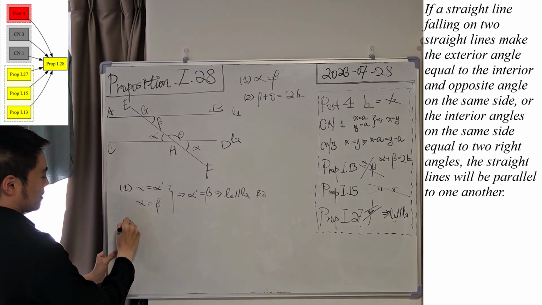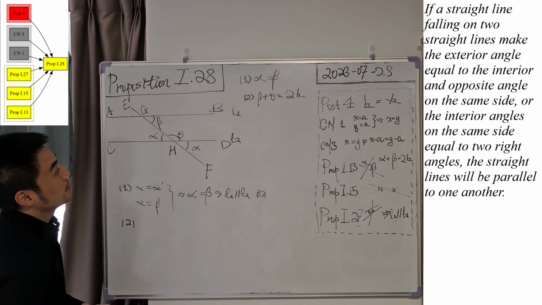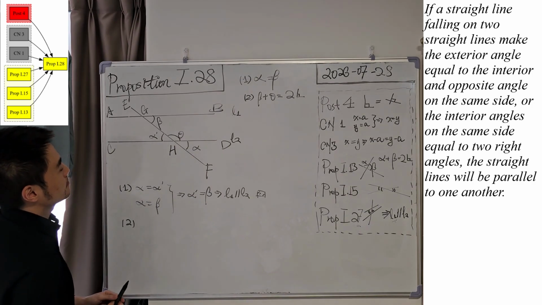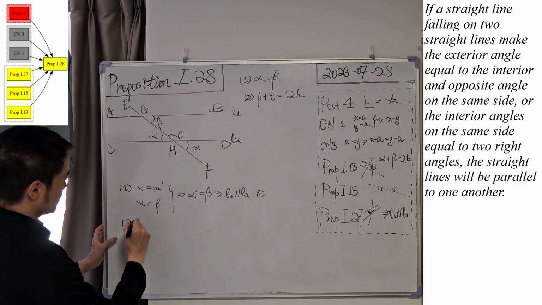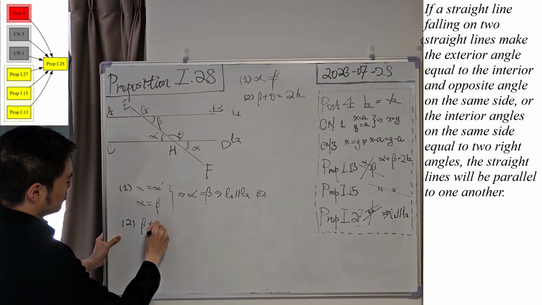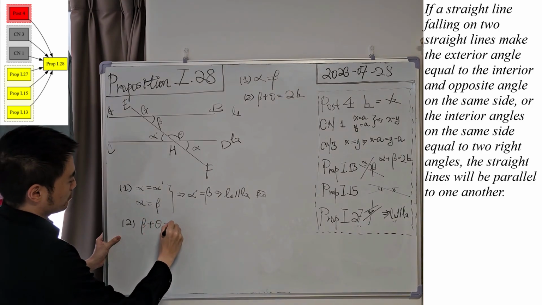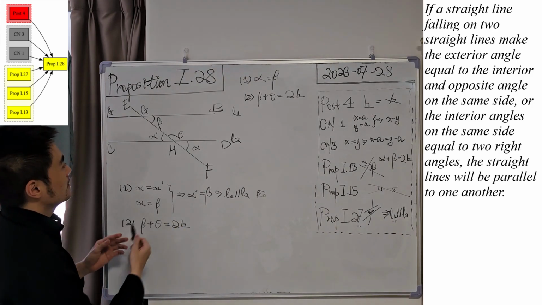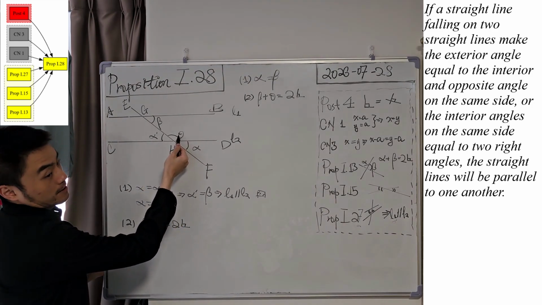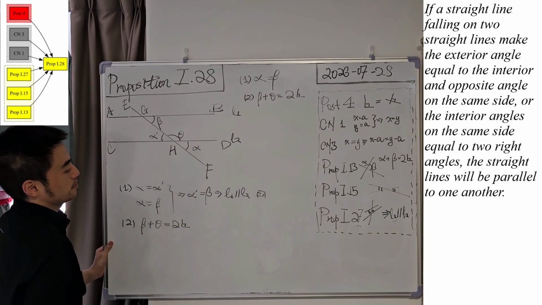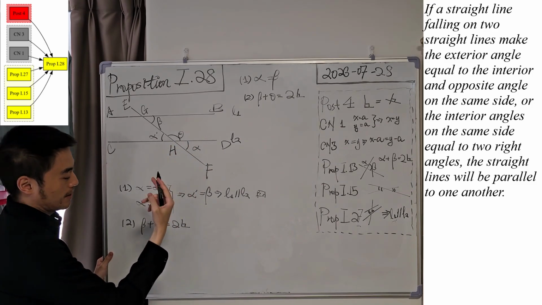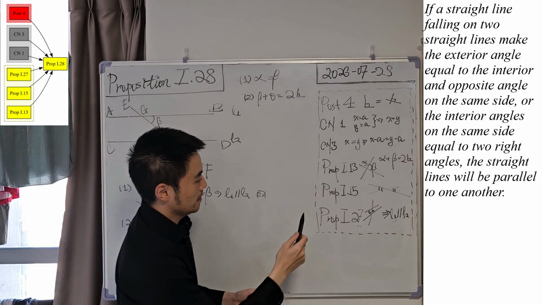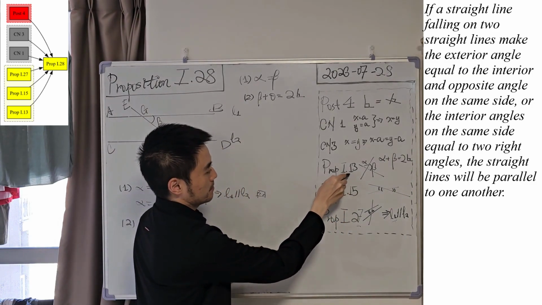And in terms of scenario 2, let's say we know that these two angles have the sum of two right angles, and we also know that alpha prime and theta, the sum of them, are also equal to two right angles because of proposition 13.